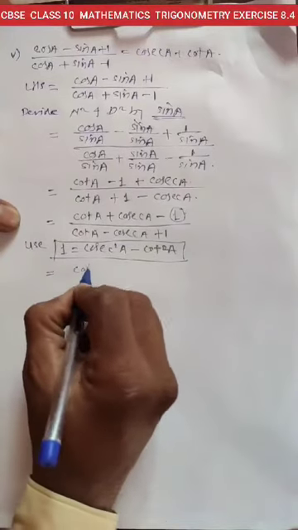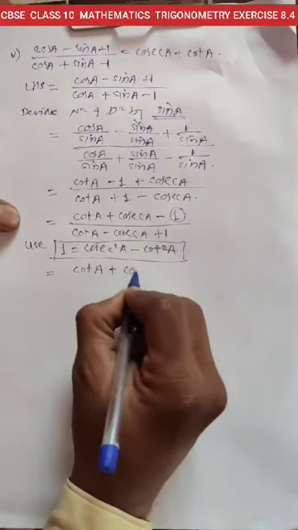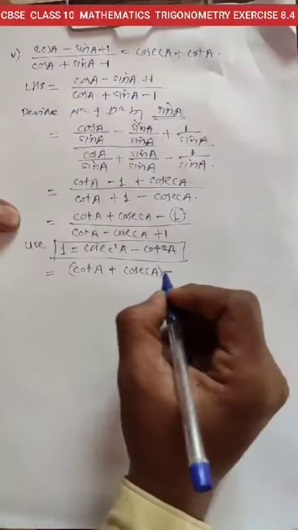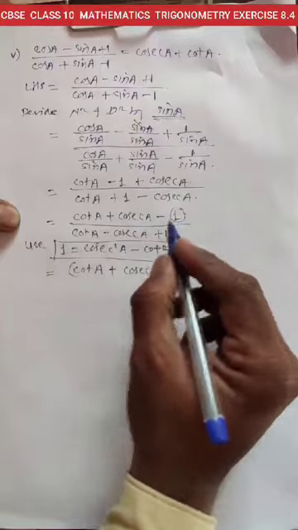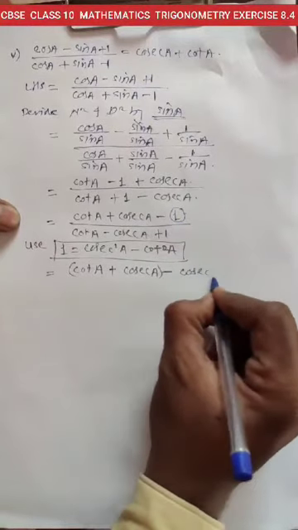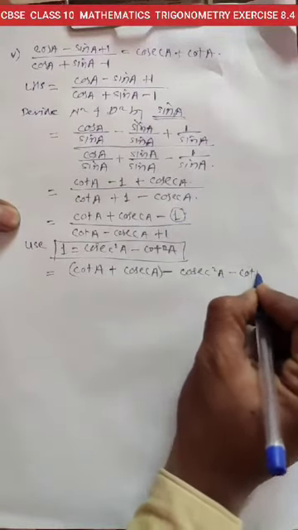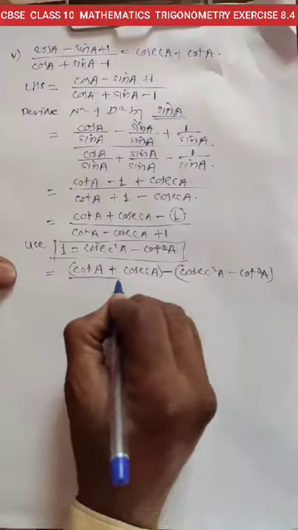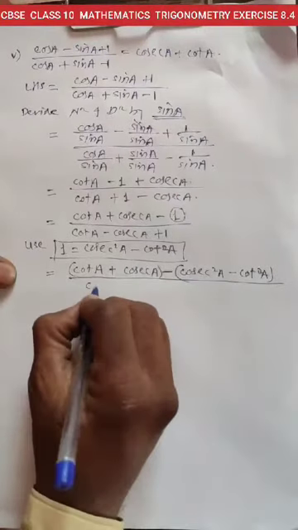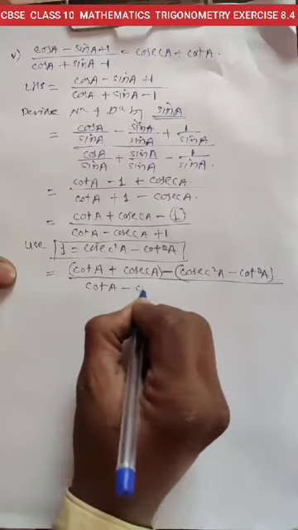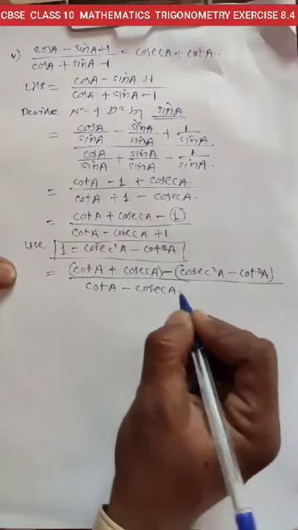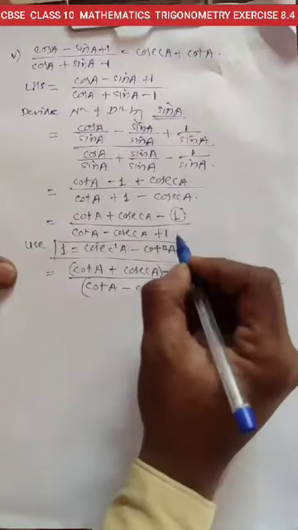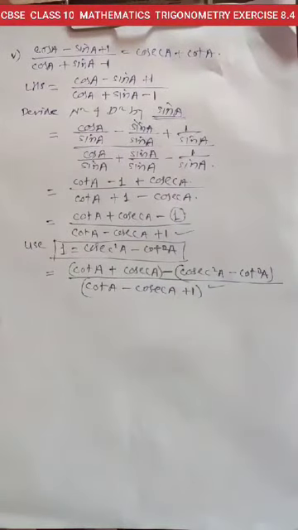Our next part is cot A plus cosec A, minus, make a bracket of this term, minus sign as it is. Instead of writing 1, put these values in terms of cosec square A minus cot square A, divided by cot A minus cosec A plus 1. This denominator part is as it is, there is no change.